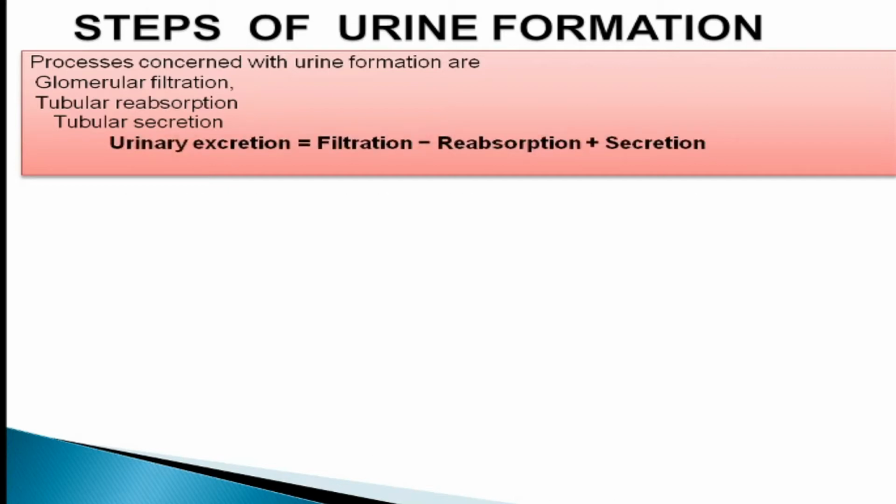Finally, the urinary excretion is the outcome of filtration across the glomerular membrane minus reabsorption of the solutes or of the water from the tubular lumen into the blood, and addition of the secretory products from the blood into the tubular lumen.